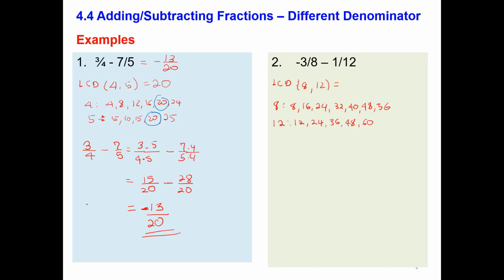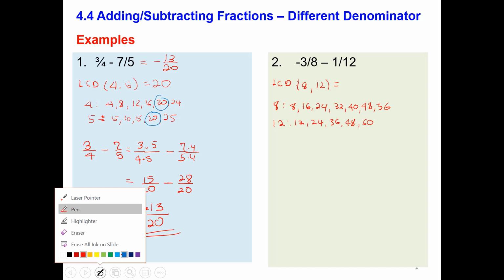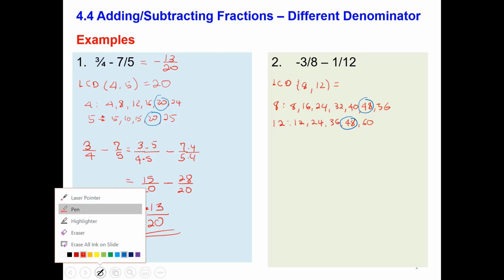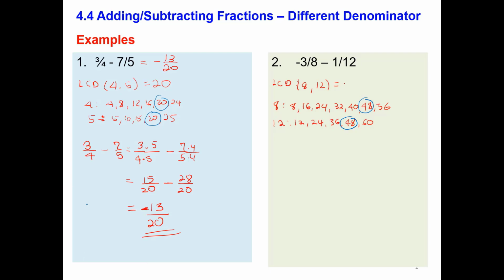Now we can see the least common denominator. The least common denominator is 48. Then the LCD is 48.